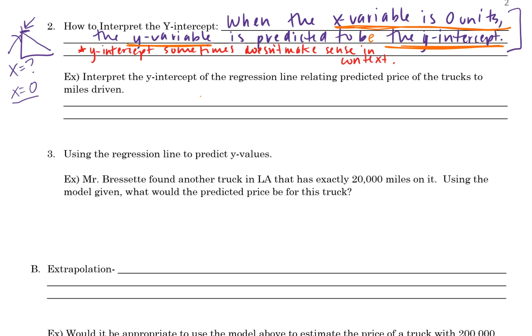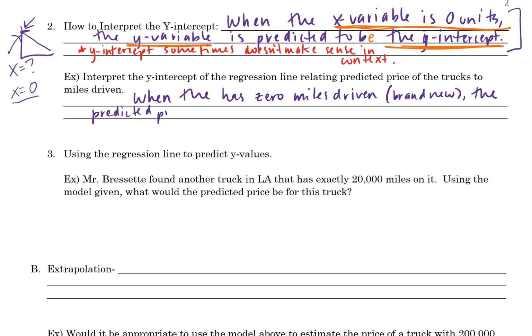So I'm going to say when the truck has 0 miles driven, and in parentheses I'm going to put brand new just to tell the reader that I know what that means, the predicted price is $38,257. That's it. I evidently forgot to write the word truck.